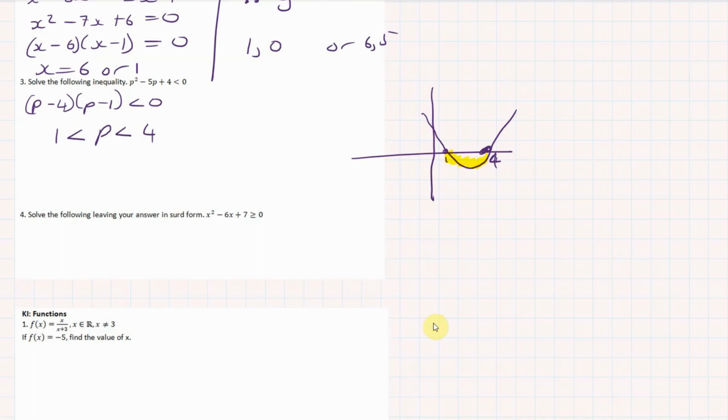I think we will use the quadratic formula. So I'm going to use minus minus 6 plus or minus the square root of minus 6 all squared, minus 4 times 1 times 7, all over 2 times 1.